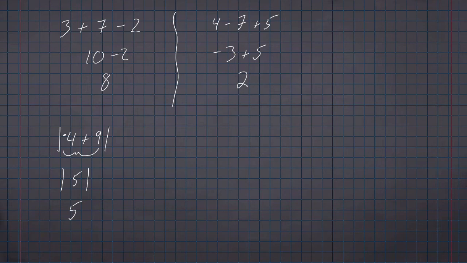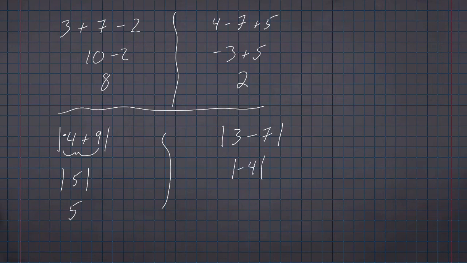Absolute value of 5 is 5. Likewise, with subtraction, if I have the absolute value of 3 minus 7, 3 minus 7 is the same thing as 3 plus negative 7, which is negative 4. And then only after I've done that, I take the absolute value of negative 4, which is 4.